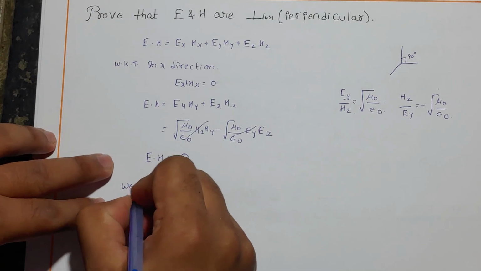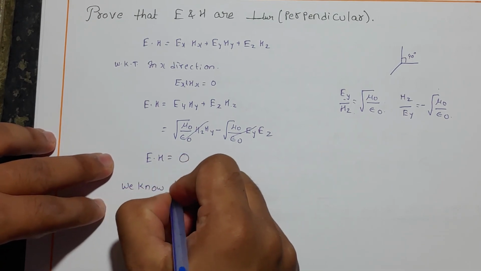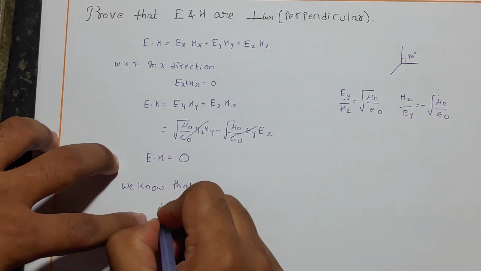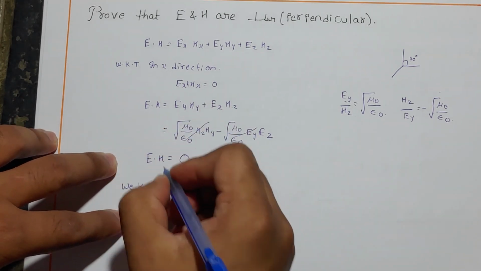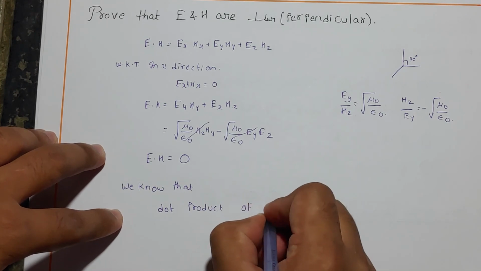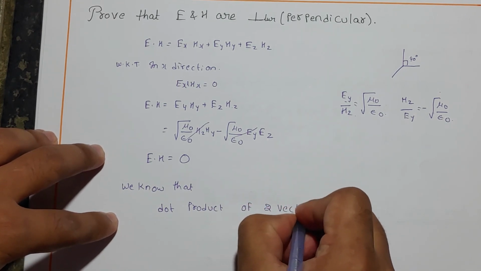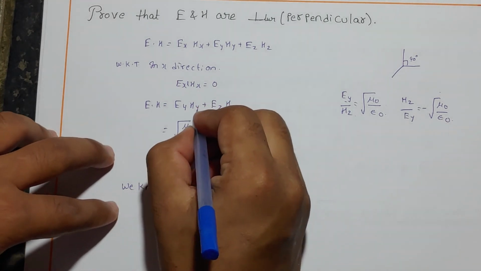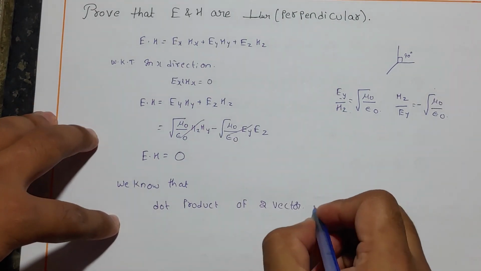We know that this E dot H is a dot product of two vectors, as these are propagating in directions, so these are vectors.